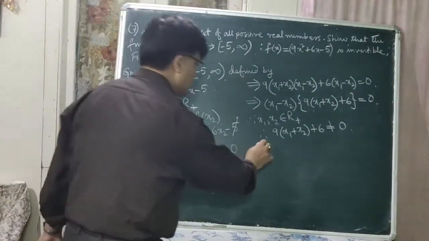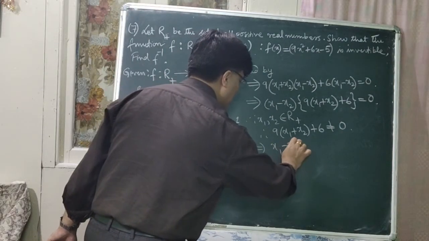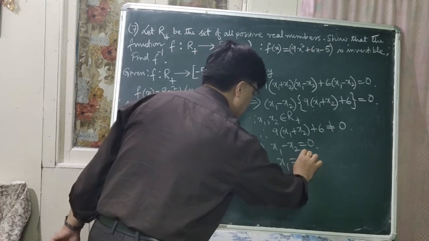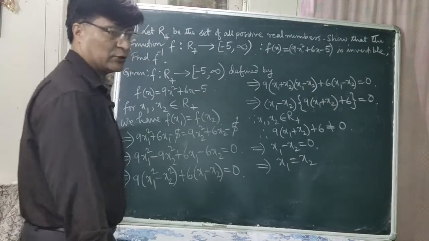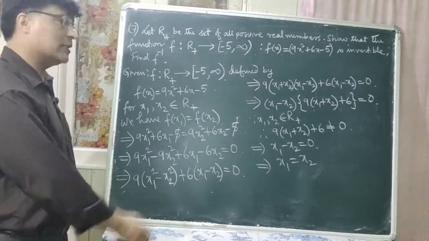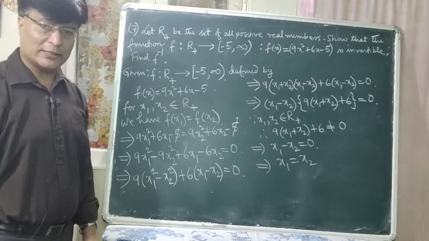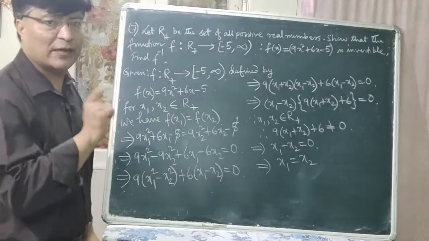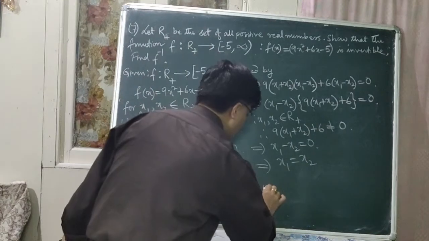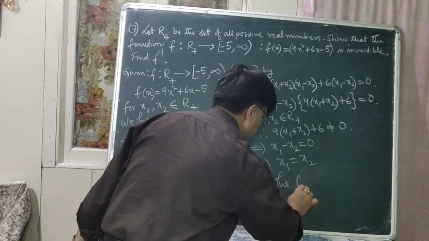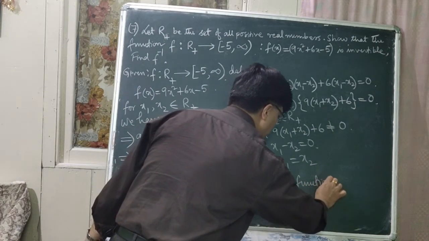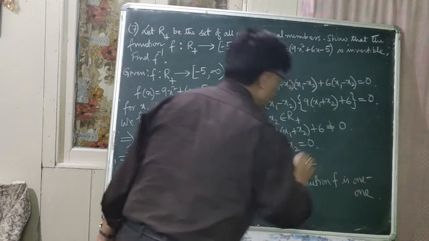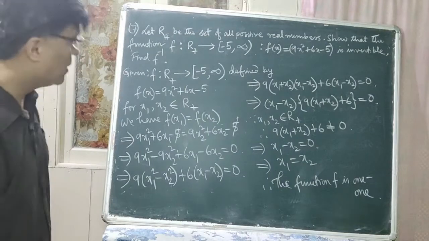Okay, so which implies that x1 minus x2 is equal to 0, which implies that x1 is equal to x2. So I think you have understood it. Okay, so now we have shown that f is 1 1. Therefore the function f is 1 1.